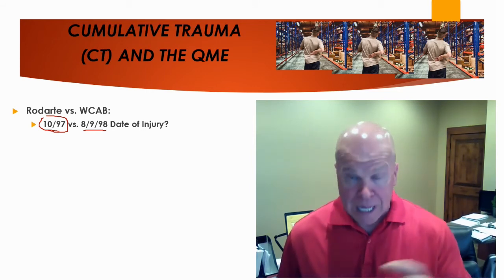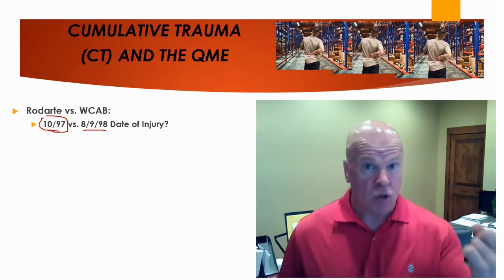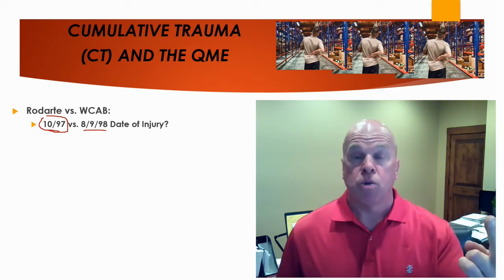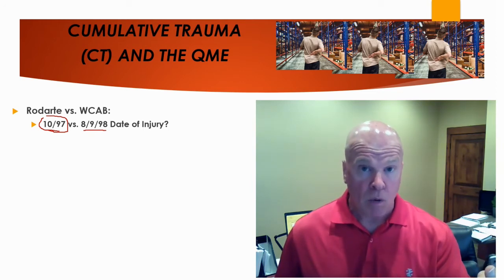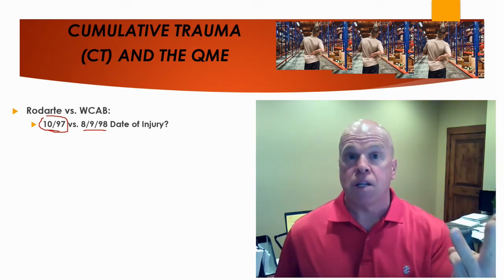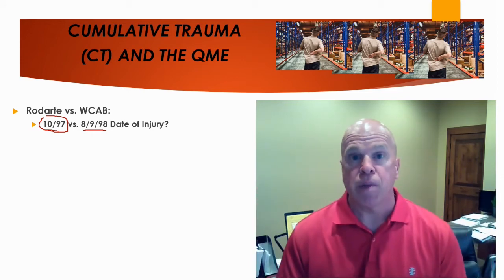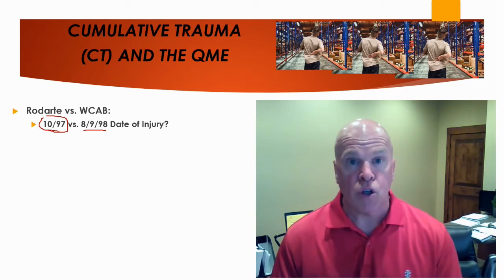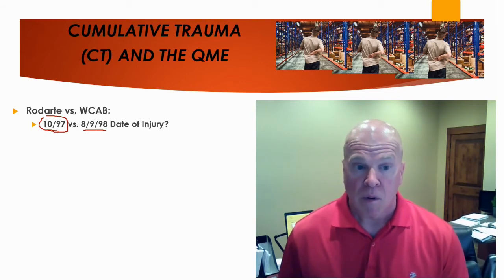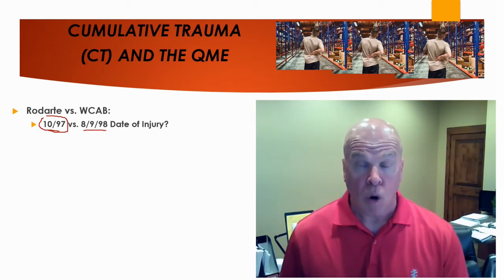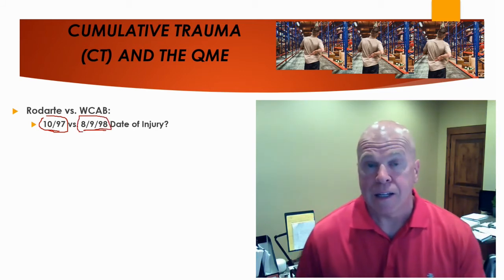And insurer B stated that on 1097, when Ms. Rodarty first received medical treatment, when she was returned to modified work duties, when she was prescribed a splint for her wrist, these three facts established the disability sufficient to establish 1097 as the date of injury for this cumulative trauma injury, thereby exonerating themselves from liability, which would have been their sole responsibility if the date of injury was established to be 8/9/98.